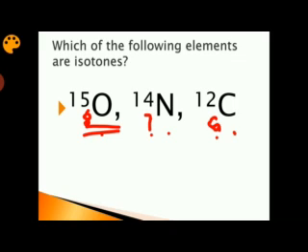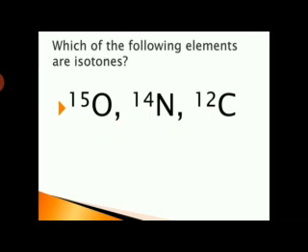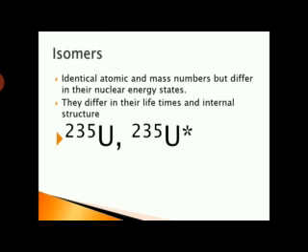Sometimes the nuclear symbol will be given like this, where only the mass number will be given and the bottom number will be absent. Even then you have to identify their atomic number and number of neutrons from that. So from this group of nuclei, try to find out which are isotones.